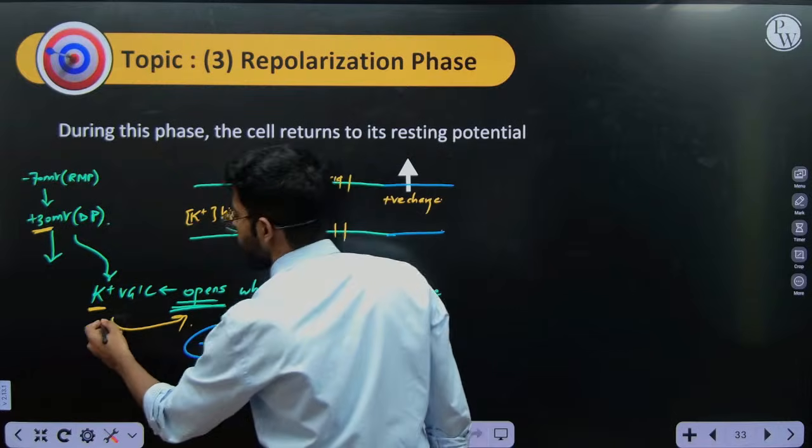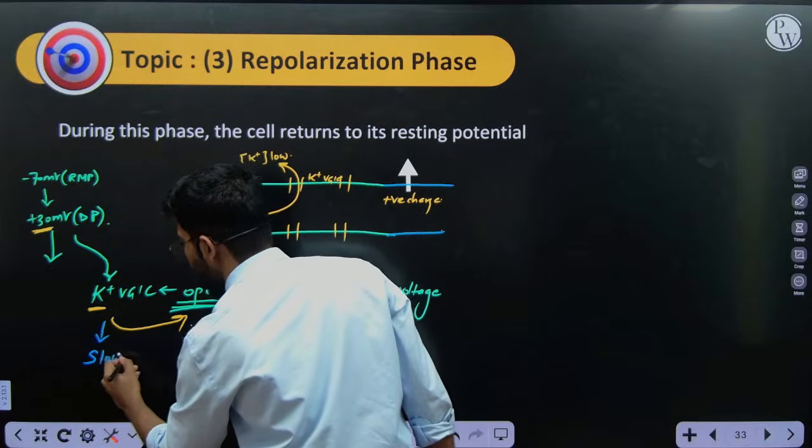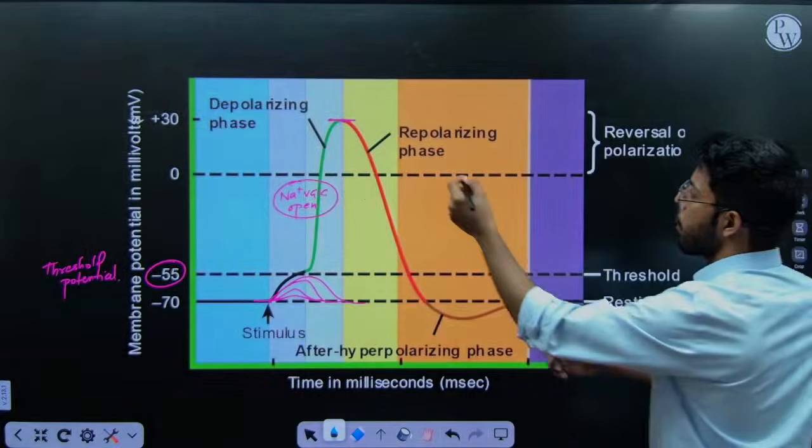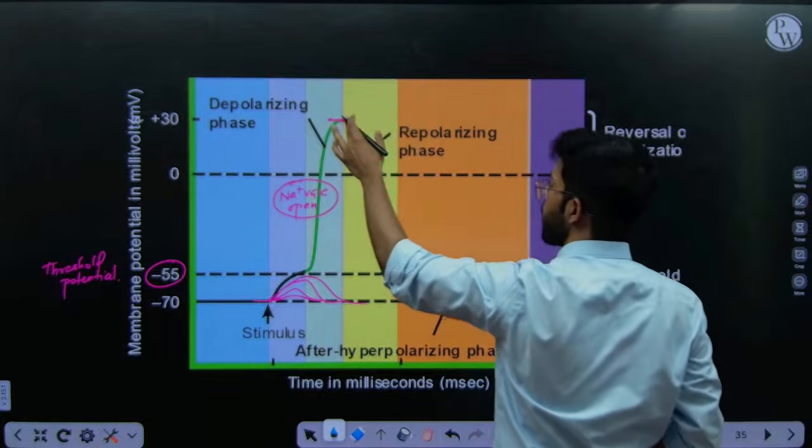But these channels are slow. You can see this is the repolarizing phase.